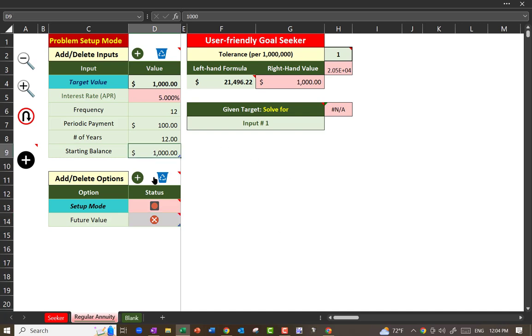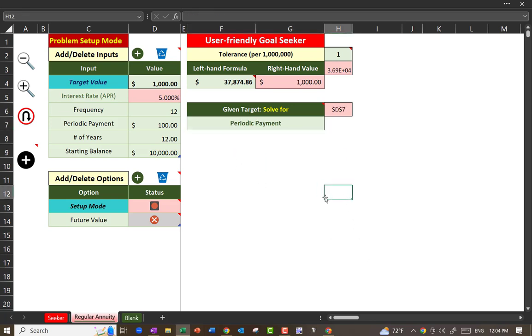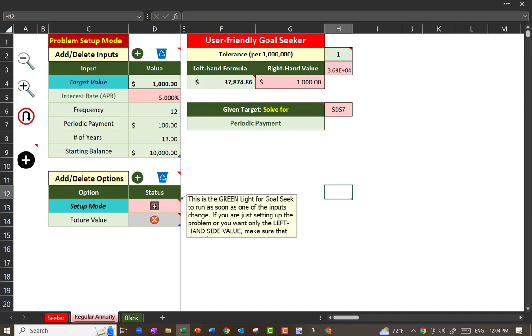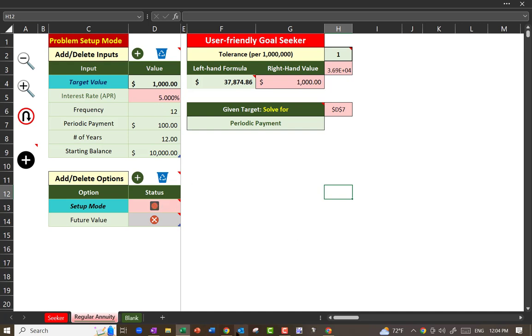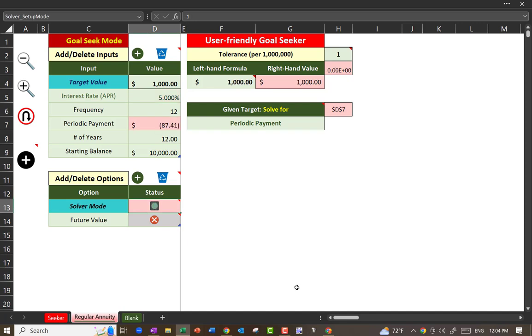Now we're going to do something different. Let's make payment calculations. Okay. I'm going to arbitrarily turn this into solver mode. As soon as you turn it into solver mode, it actually solves the problem at hand. That may or may not be the problem you want, but it did solve it.